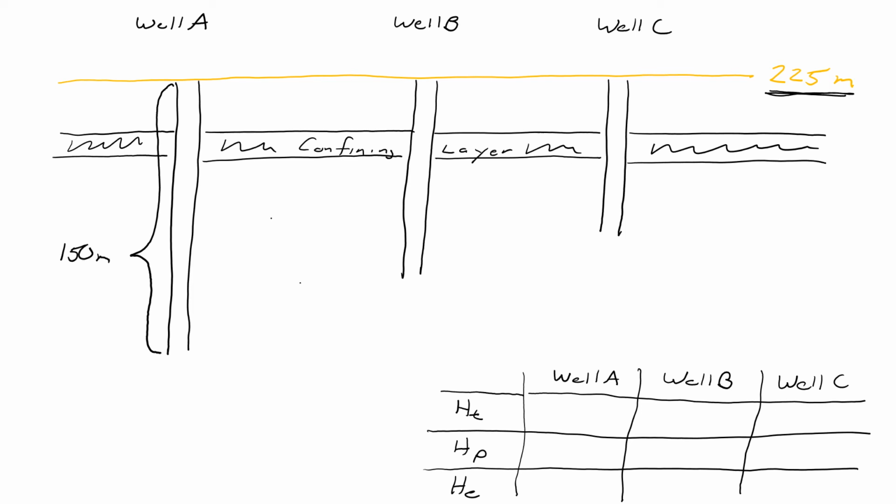So this distance right here is 150 meters. So the question becomes then, what is the elevation at the base of the well? We have 225 surface elevation minus 150 meters down gives us an elevation at the base of that of 75 meters. Okay?